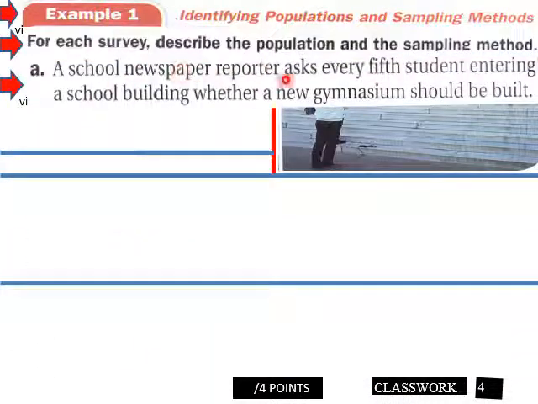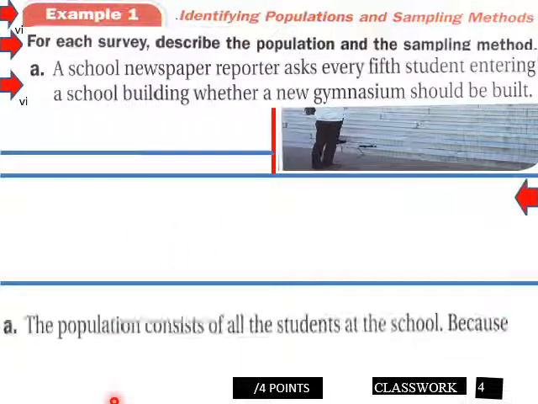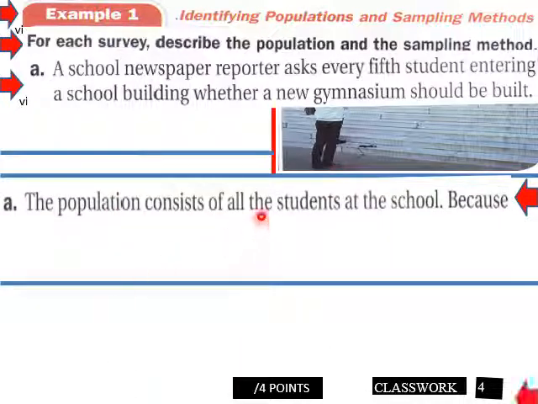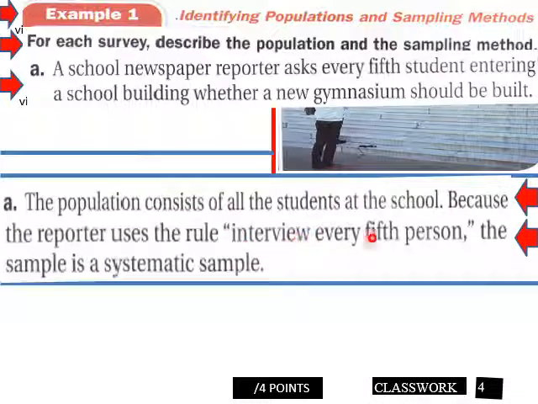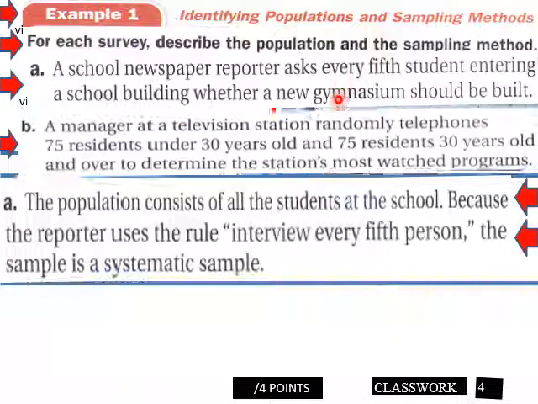And for each survey, describe the population and sampling method. A school newspaper asks every 5th student entering a school building whether a new gymnasium should be built. The population consists of all students at the school. Because the reporter uses the rule every 5th person, the sample would be systematic. That would qualify it as systematic.